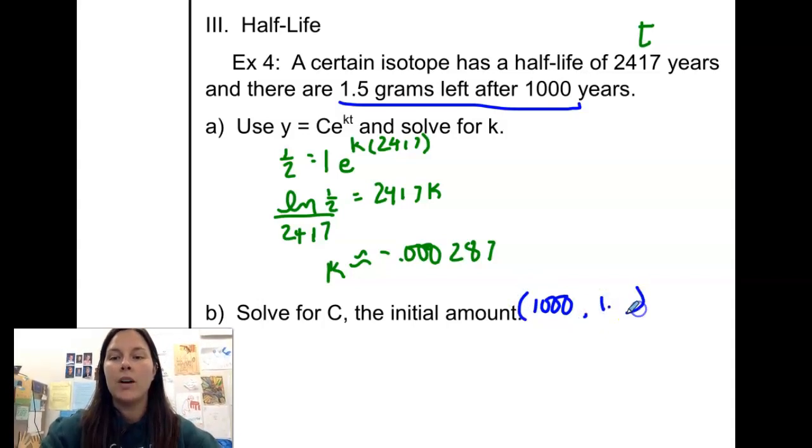I'm going to go ahead and sub that into the equation we've got so far using that k value. So 1.5 is the amount after time. We're looking for that initial amount, e to the negative 0.000287 times 1,000 years.